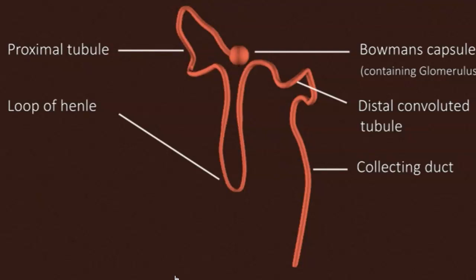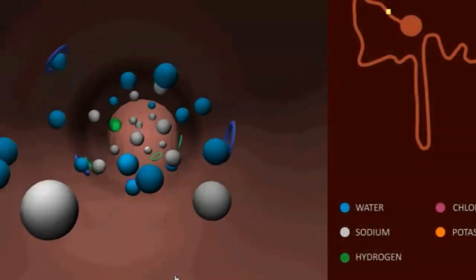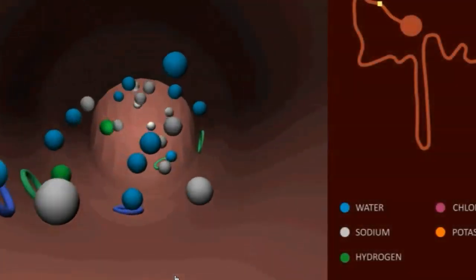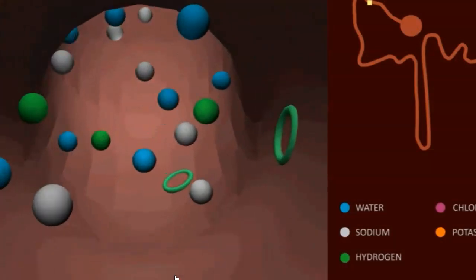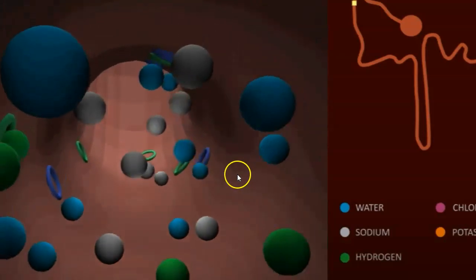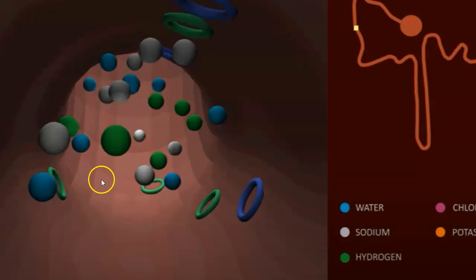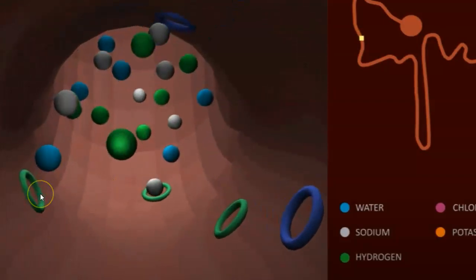We will now look at the transport of sodium and water in each region by traveling through the nephron. Tubule initiates at the Bowman's capsule. 65% of filtrate moves from the proximal tubule back into the blood. This process is called reabsorption. The movement of water occurs secondary to that of sodium and other osmolytes.